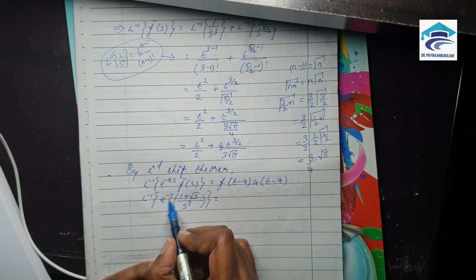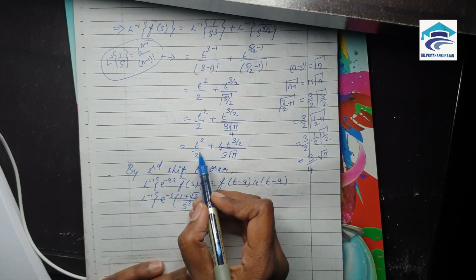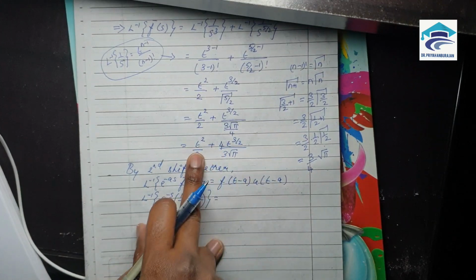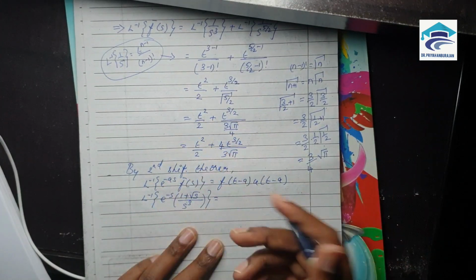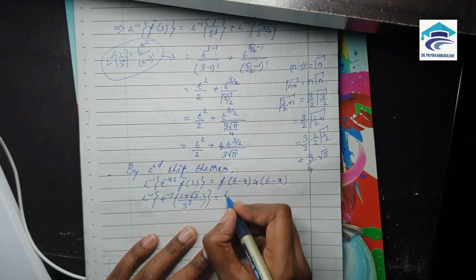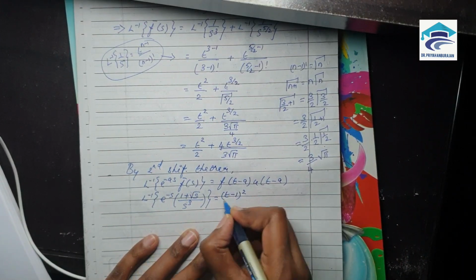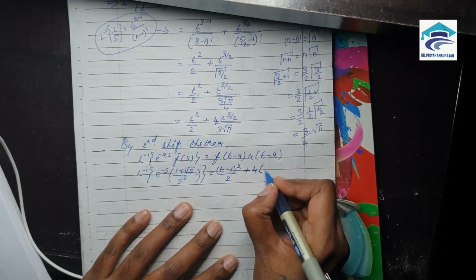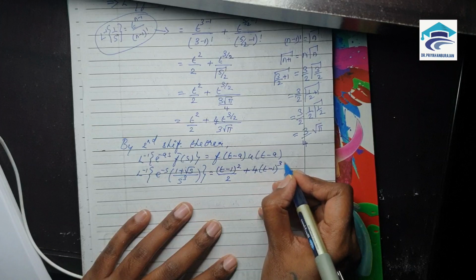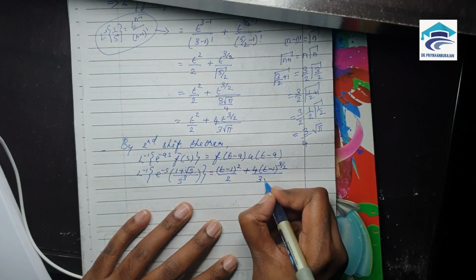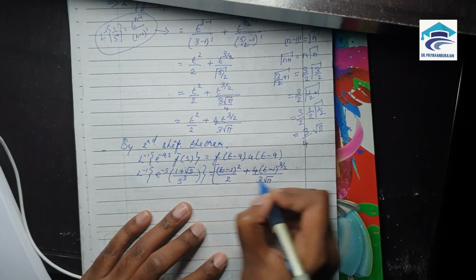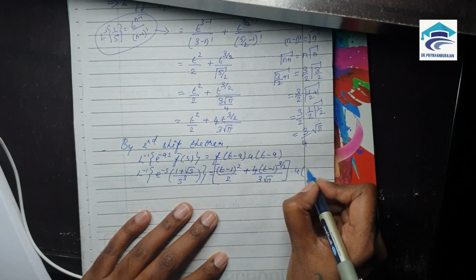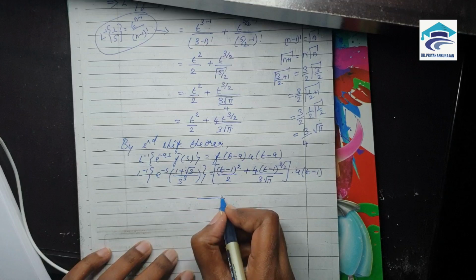My a here is 1, so I have to replace all t's by t minus 1. So this will become t minus 1 the whole squared by 2 plus 4 into t minus 1 the whole power 3 by 2 by 3 root pi, into the unit step function u of t minus 1. So this is the answer.